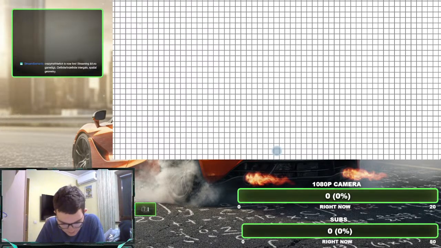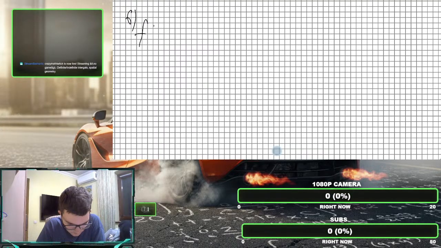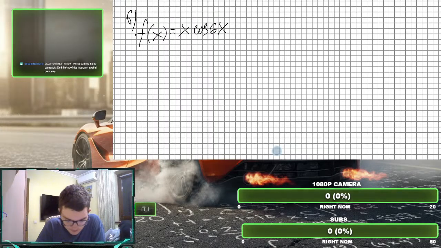So essentially I got this function, x cos 6x, and I think that I should integrate it.